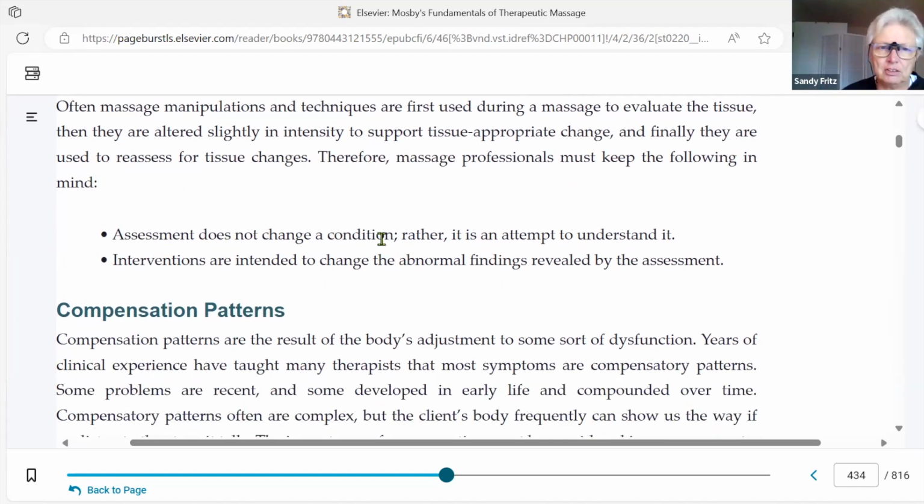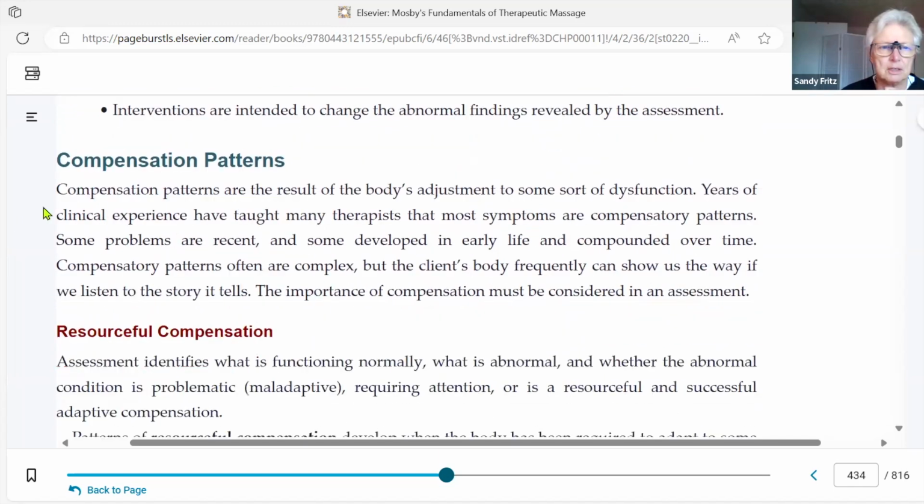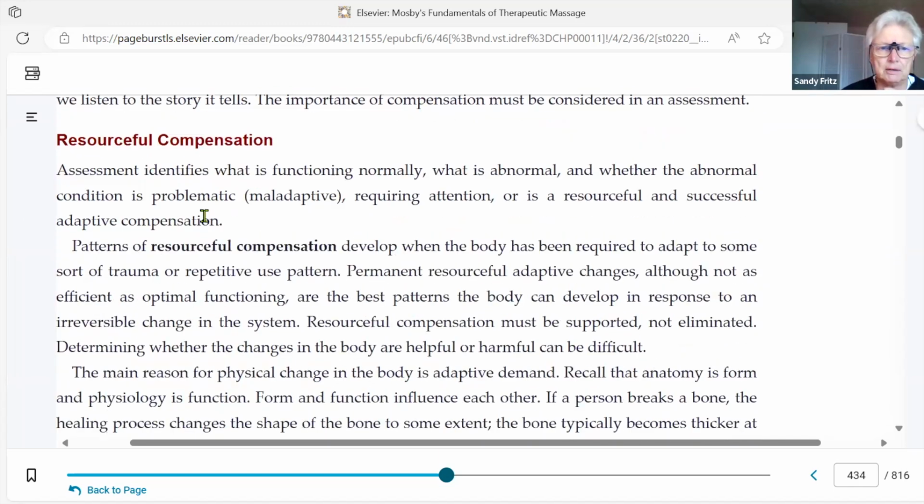Assessment does not change a condition, rather it attempts to understand it. Interventions, you can also think about them as a treatment or a specific method. Interventions are intended to change the abnormal findings revealed by the assessment if it's indicated. Remember the importance of resourceful compensation. So that's the next part of this.